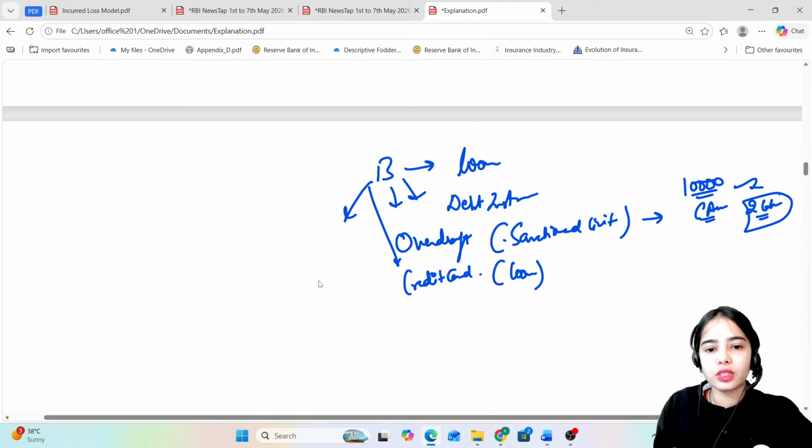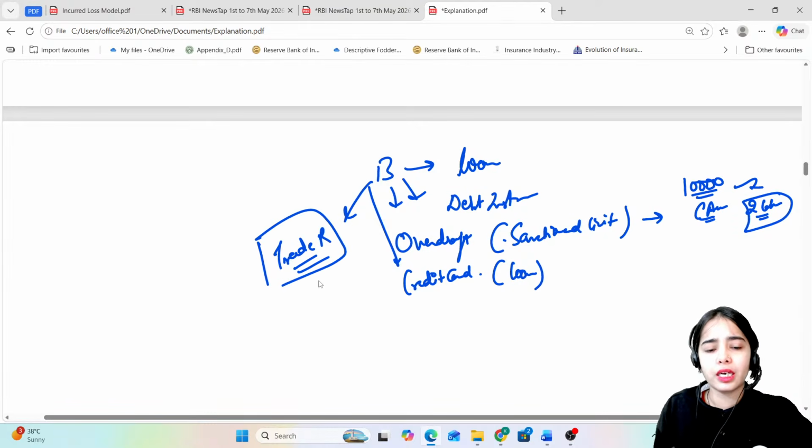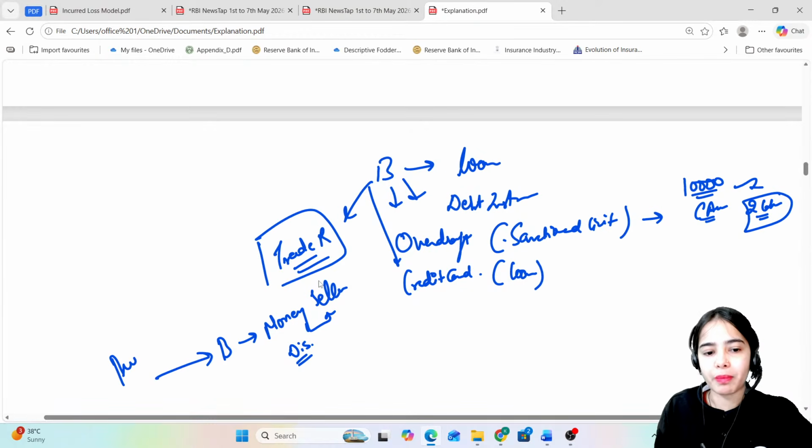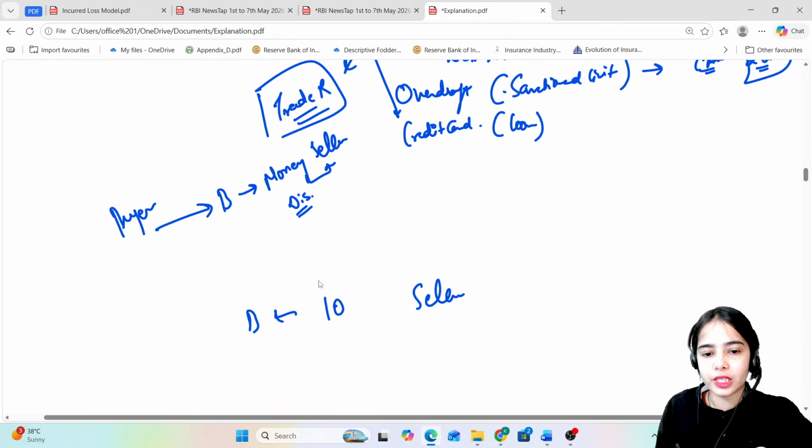There are also the trade receivables purchased by the bank. Trade receivables are basically where the bank gives money to the seller in the current period at a discounted rate, saying that the bank will get the money from the buyer. Okay, so the buyer purchased products from the seller worth 10 crore.